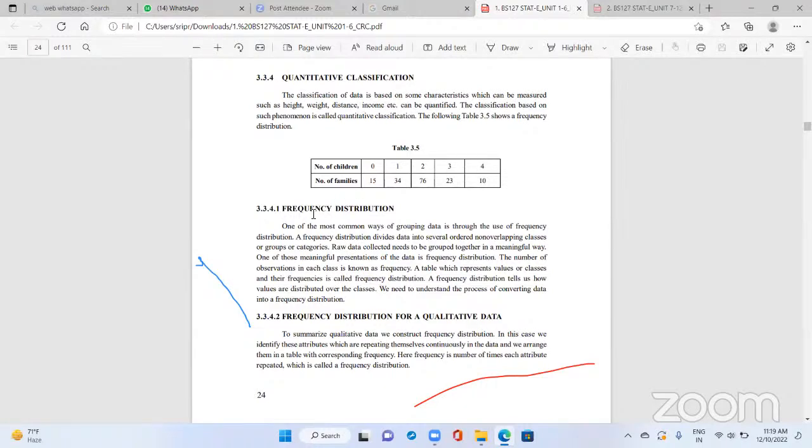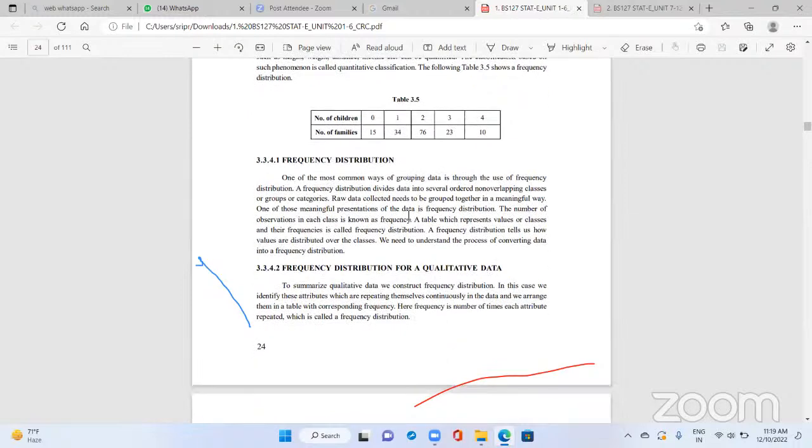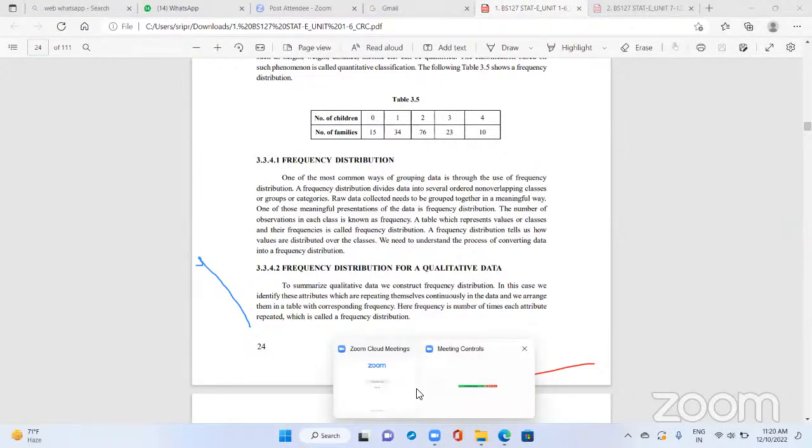Frequency distribution. Every second Saturday, 10:30 to 11:30. Remaining every Sunday, 10:30 to 11:30. So my time is 10:30 to 11:30. My session is for English medium.